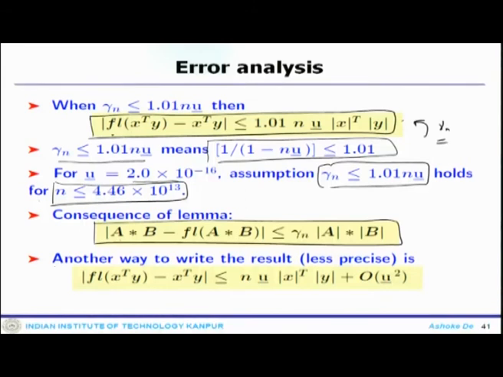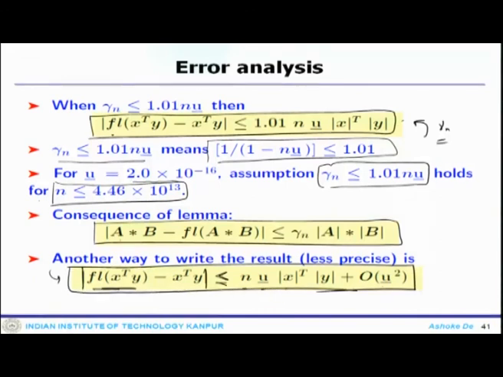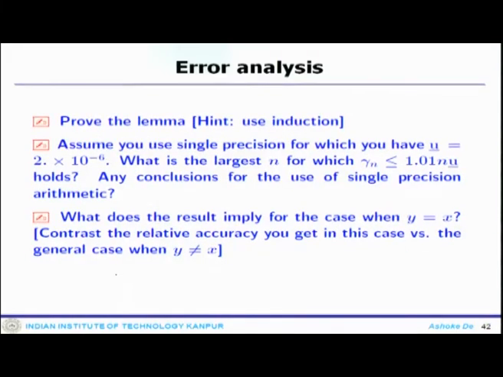One can write it the other way around: the magnitude of floating point x transpose y minus x transpose y is less than or equal to n u |x| transpose |y|, which is of the order of u squared. So, one can obtain the value separately.